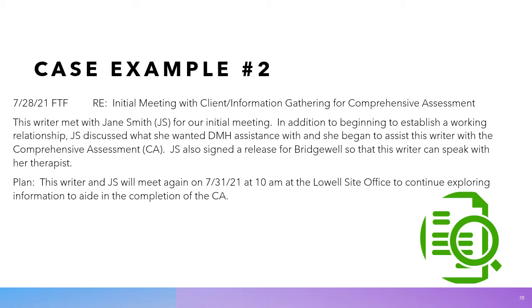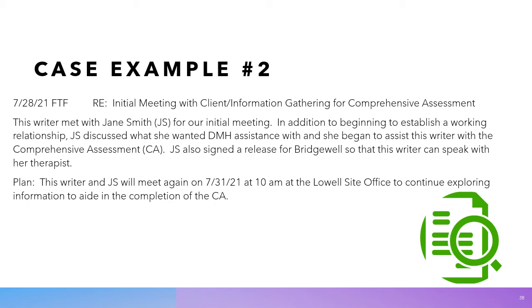MHIS Note Example 2. 7/28/21, regarding initial meeting with client, information gathering for comprehensive assessment. This writer met with Jane Smith for our initial meeting. In addition to beginning to establish a working relationship, JS discussed what she wanted DMH assistance with, and she began to assist this writer with the comprehensive assessment.